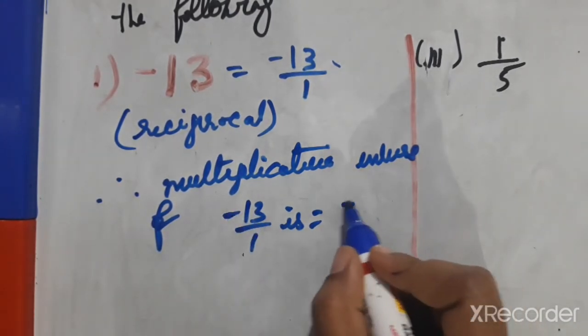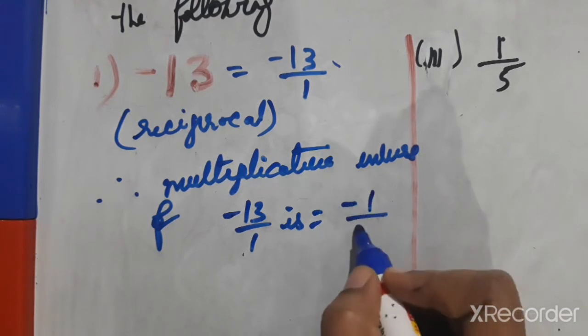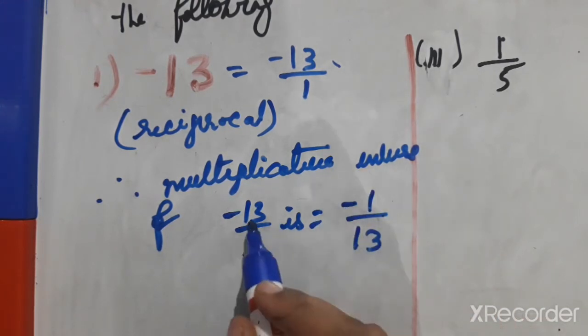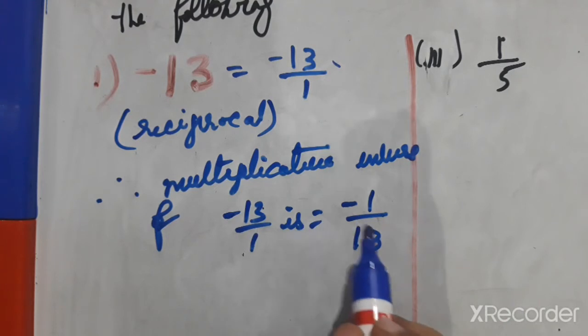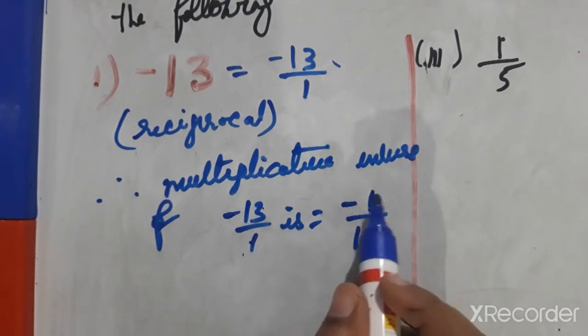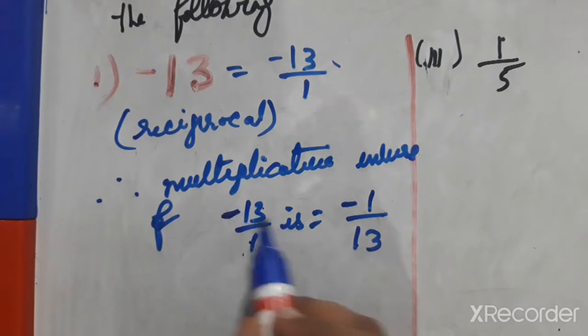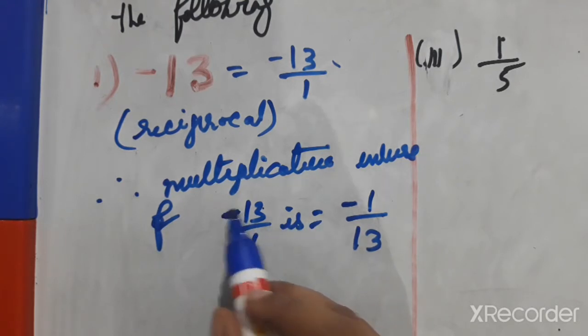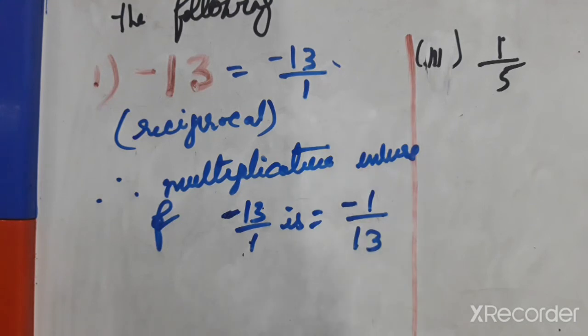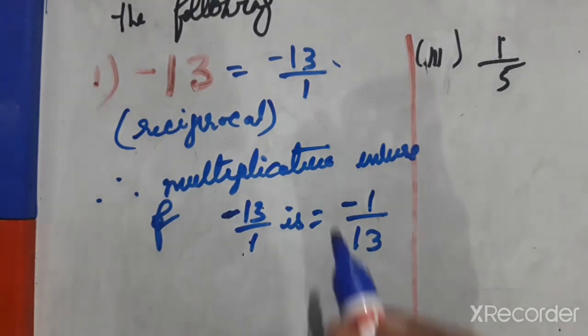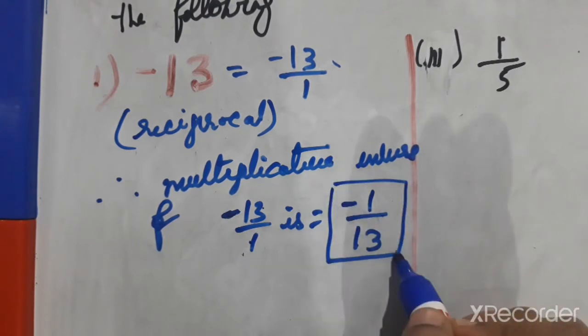We have to write the symbol for the numerator only. Don't change the symbol when taking the reciprocal. The numerator will become the denominator and the denominator will become the numerator, but don't reciprocate the symbol. The symbol should stay on the same side. Minus 1 by 13. This is the answer, the multiplicative inverse.